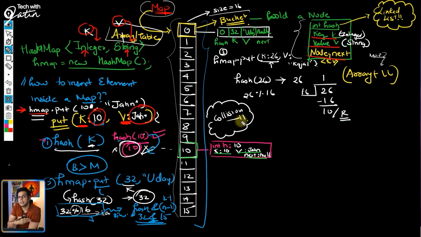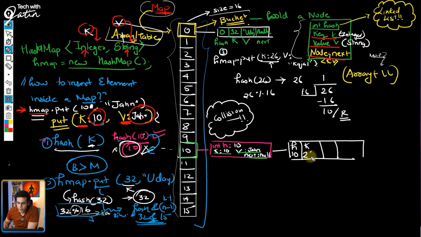So now a linked list of nodes will be created. All the nodes which have the hash as 10 will be stored over here, with the key as 26 and the value as Kajal. And whatever is the reference, or let's say the address, of this particular node will be updated over here. So that's how a linked list gets created.